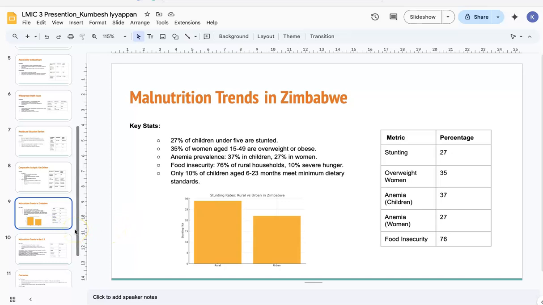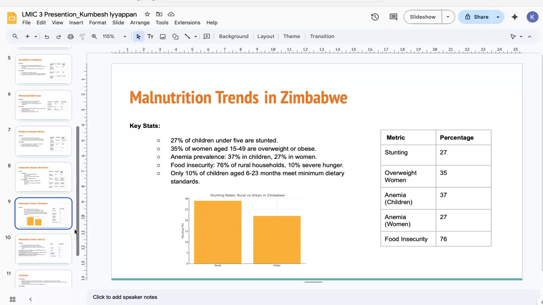I did my LMIC2 research on malnutrition trends in Zimbabwe, as it's a very alarming issue in the country. To state a few key stats, 27% of children under 5 are stunted. 76% of rural households in the country deal with food insecurity, and 10% of the population deals with severe hunger, and only 10% of children aged between 6 to 23 months meet minimum dietary standards.